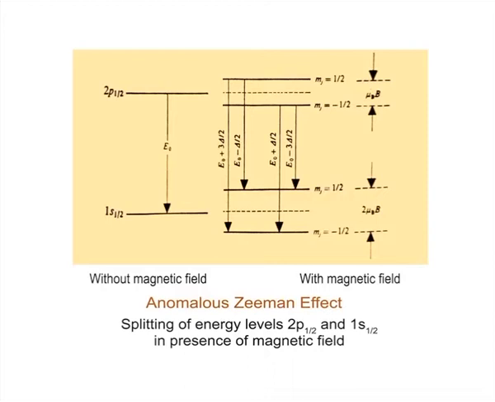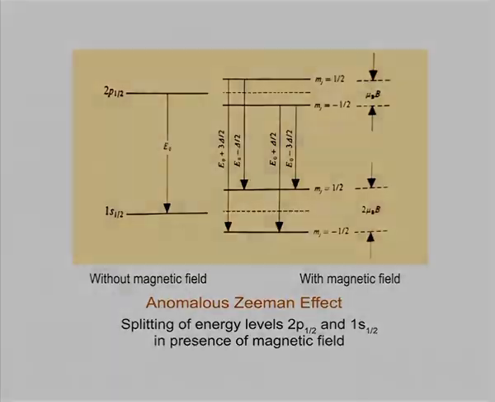What you see in the slide is the anomalous Zeeman effect, and you see 4 lines, because the levels 2p 1/2 and 1s 1/2 have split, and only these 4 transitions take place because of the selection rules. So, you have now 4 lines instead of just 1 line. This is what the anomalous Zeeman effect is.